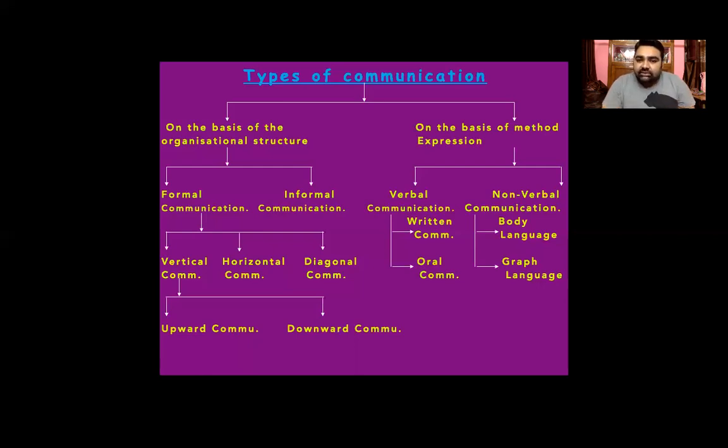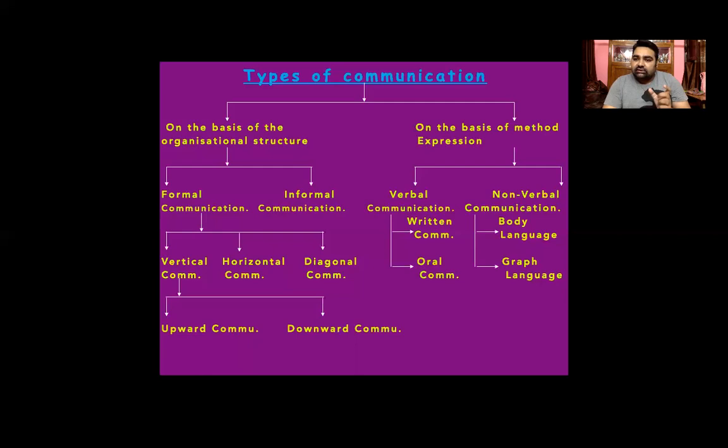Now, the type of communication divided on the basis of method of expression has two types: verbal communication and non-verbal communication. As the name suggests, verbal communication means we use our words or alphabets to communicate with someone.